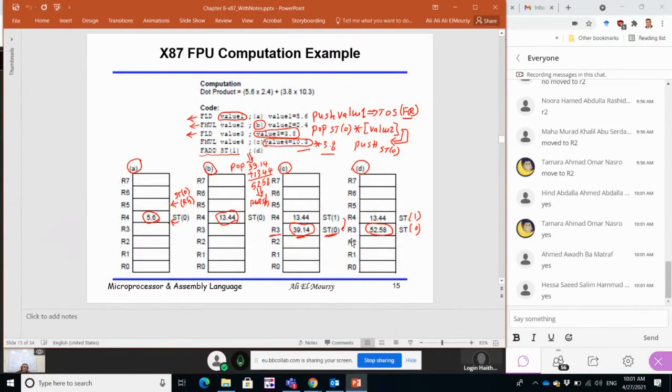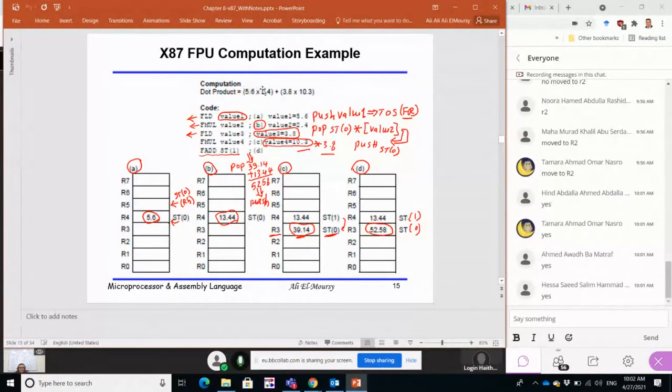Okay, now let's see one full program, and let's demonstrate a full program for floating point. Assume that I want to do a dot product. I want to multiply 5.6 by 2.4, multiply 3.8 by 10.3, and add the results of the two multiplications together, and get the final answer.